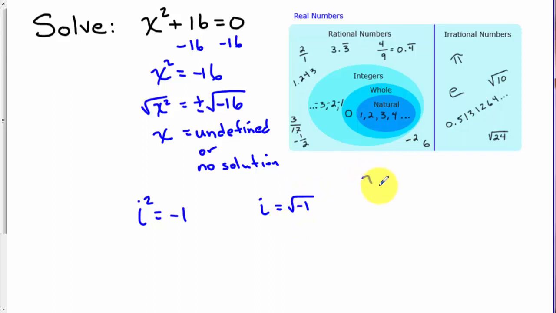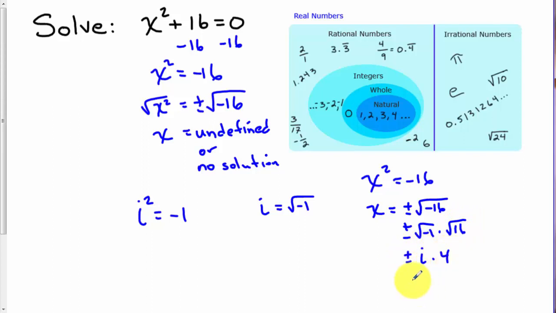Now if we include this new number as part of our number system, when we solve this we get plus or minus the square root of -16, and we can simplify our radical by splitting that up into the square root of -1 times the square root of 16, which would be i times 4, or we normally write this as 4i. So now we can solve all quadratic and polynomial equations that up to now were unsolvable.